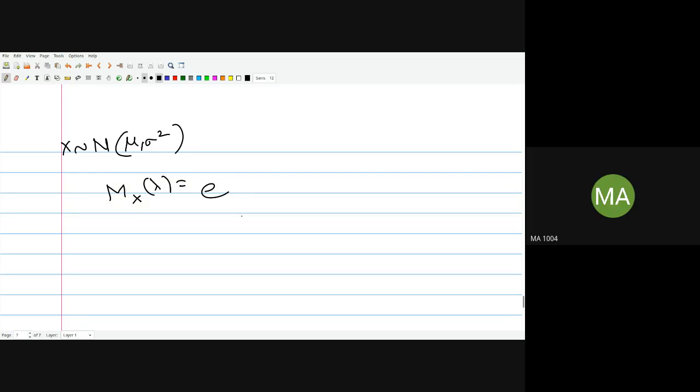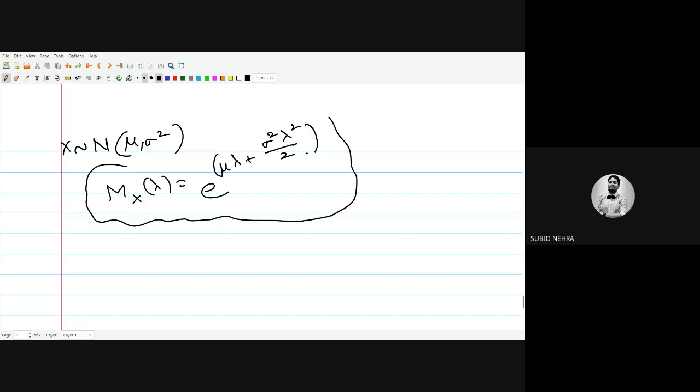Okay, let me give you this. Try to prove this. Lambda mu plus the normal one. So this is nothing but e to the power mu lambda multiplied.